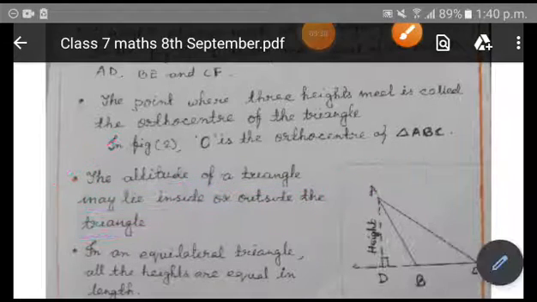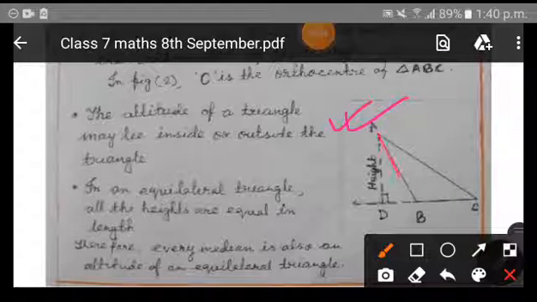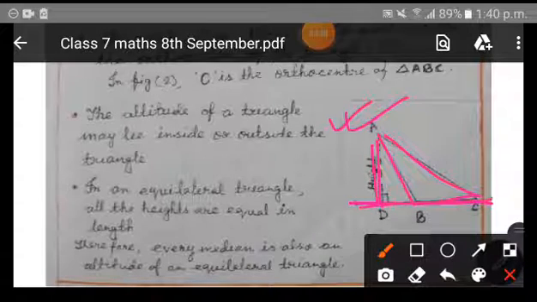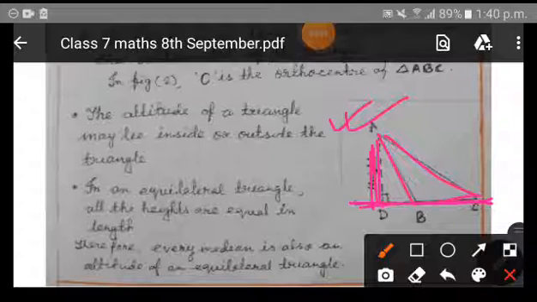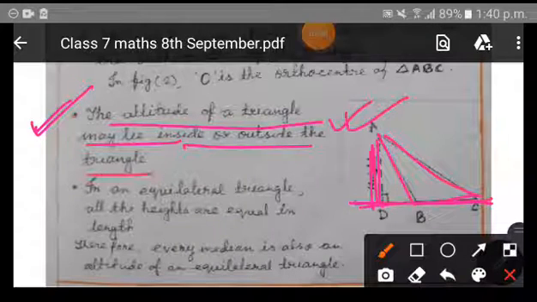Just look at the diagram over here. You can see that in triangle ABC, this AD is perpendicular to this base line. So here you can see that this altitude is lying outside the triangle. That is why it is written that the altitude of the triangle may lie inside or outside the triangle.